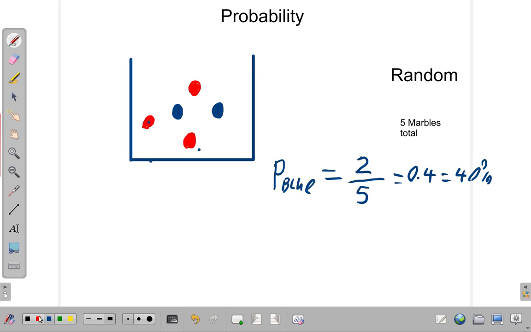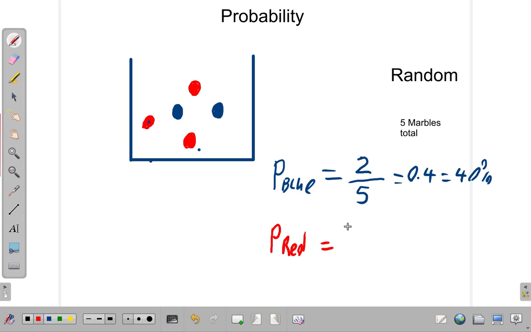Now, that is your first pick. But let's go back and imagine that you did not pick any at all. What is the probability that the marble you picked is red? Now, you have to consider how many red marbles there are and also the total number of marbles.